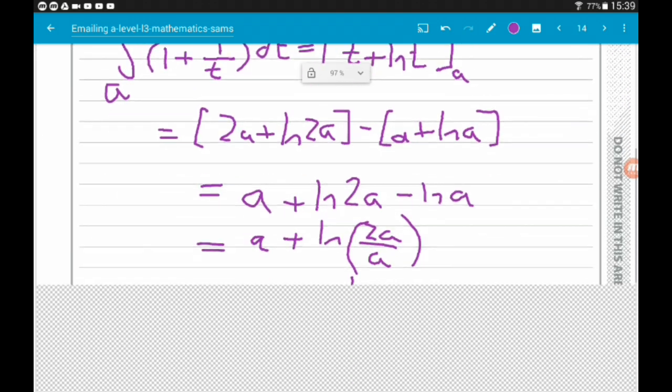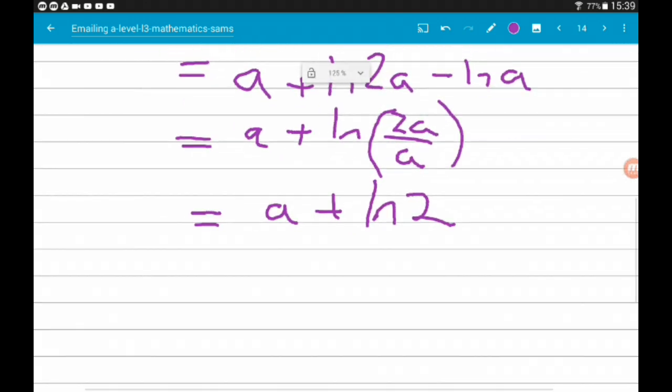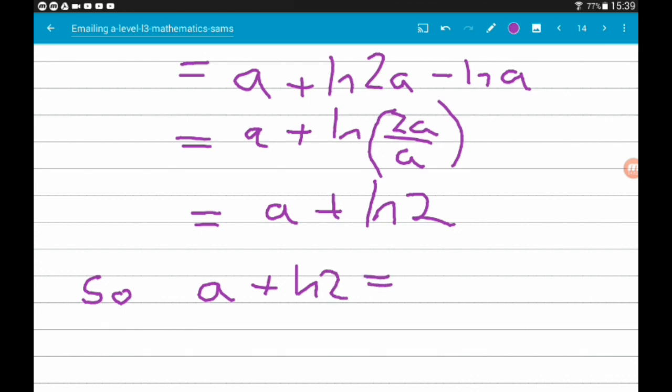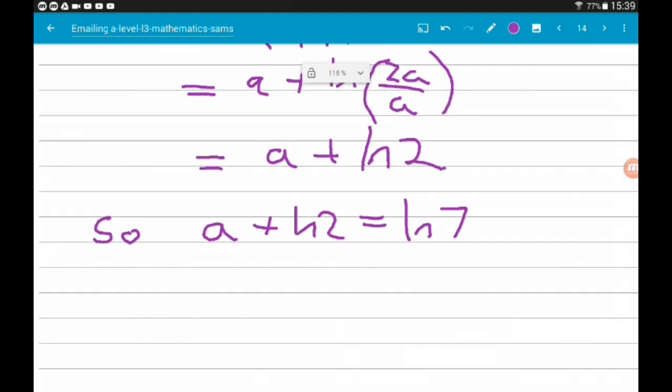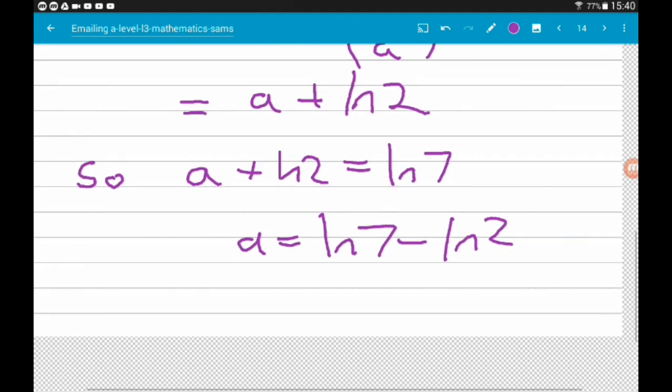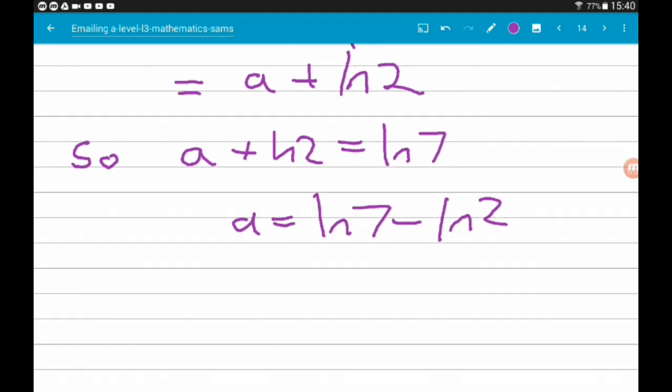So we know a plus log 2 is equal to log 7. So a is log 7 minus log 2. We can combine that to log of 7 divided by 2.